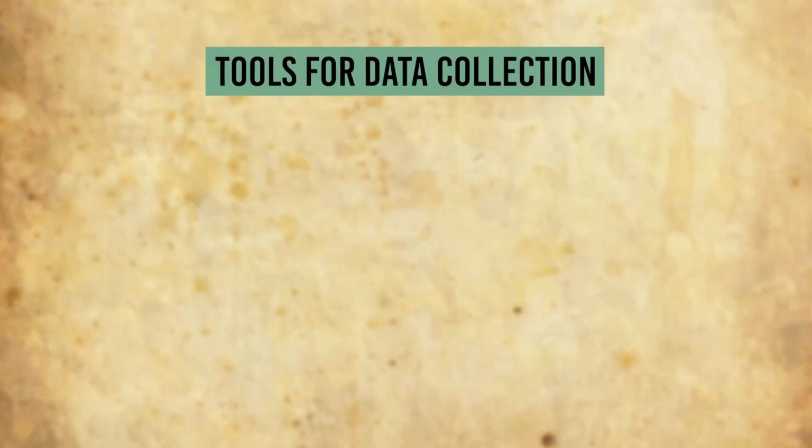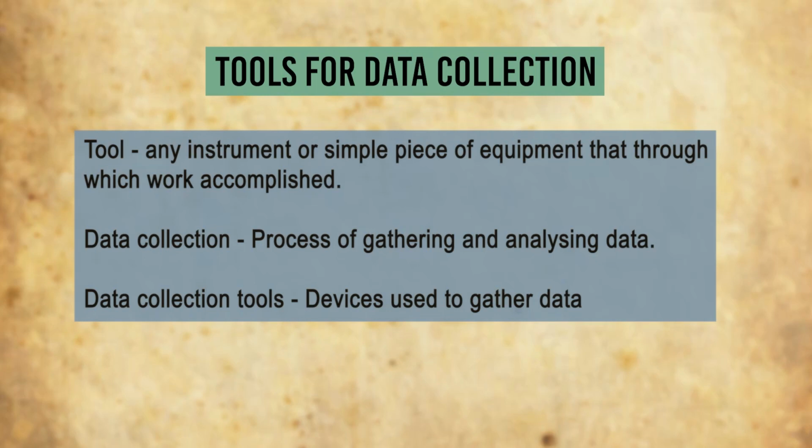So, a tool is an instrument or simple piece of equipment through which work is accomplished. On the other hand, data collection is the process of gathering and analyzing data, whereas data collection tools are the devices used to gather these data.